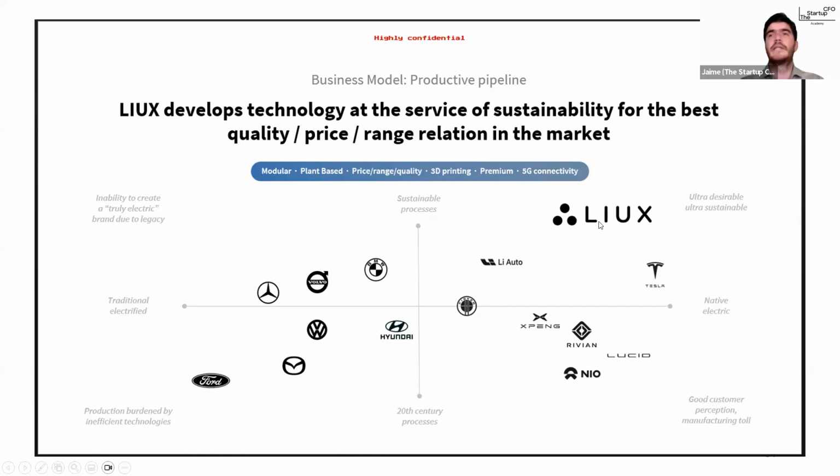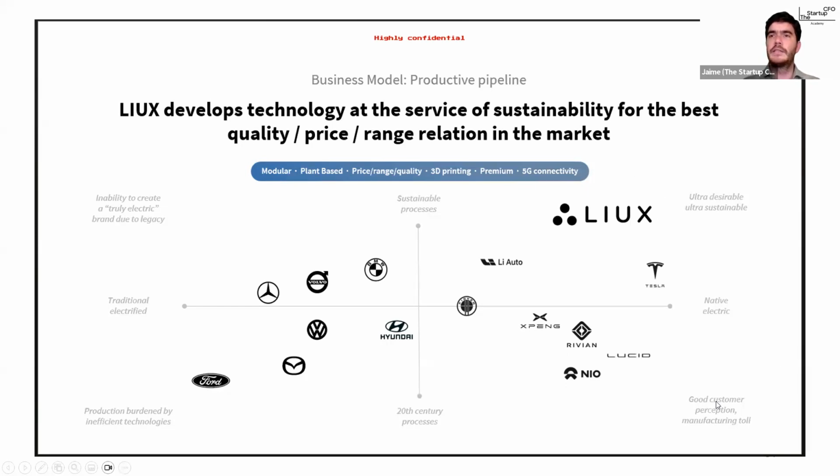So Leux claims that they are completely native electric, which they are, and their processes are completely sustainable, which, for example, Tesla is way less so, and the Chinese electric cars definitely don't care about it. They don't care whether the manufacturing processes of the cars are sustainable or not. We do care about it.